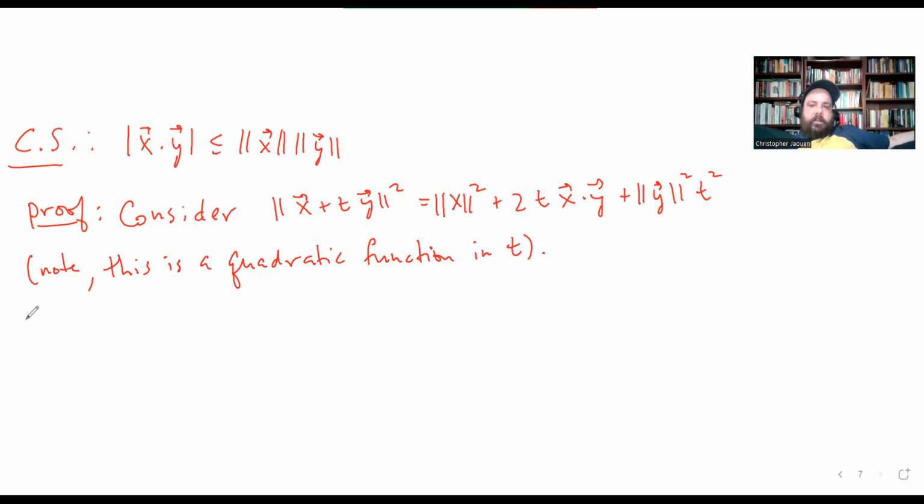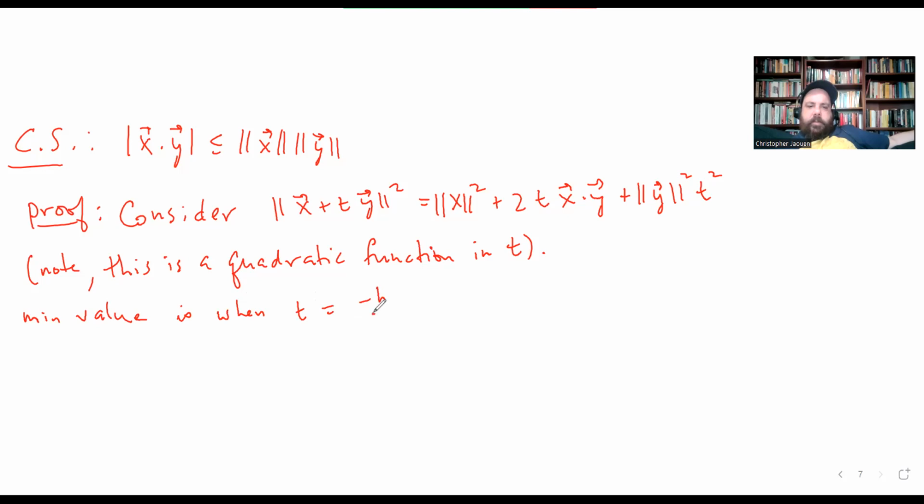So the min value, I know it's a minimum because this is positive, right? The leading coefficient is positive. The minimum value happens at the vertex. So the min value is when t equals what's the vertex here?